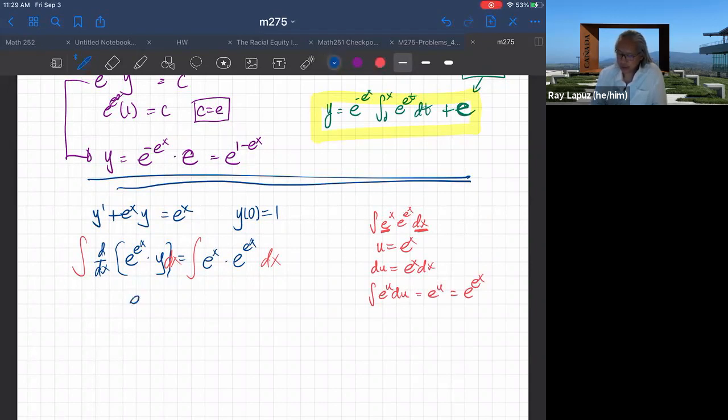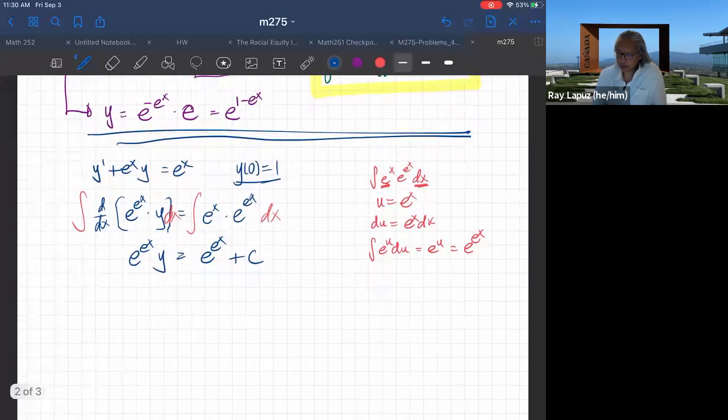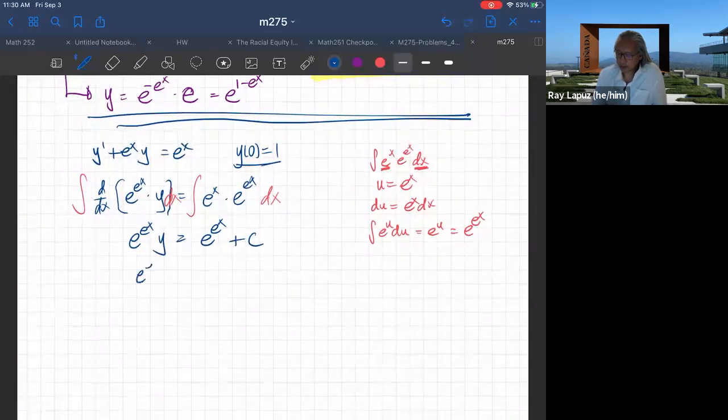So the left-hand side would undo the derivative, and the right-hand side would be e to the x plus a constant. All right, let's plug in our initial conditions. e to the 0 times 1 is equal to e to the 0 plus c.